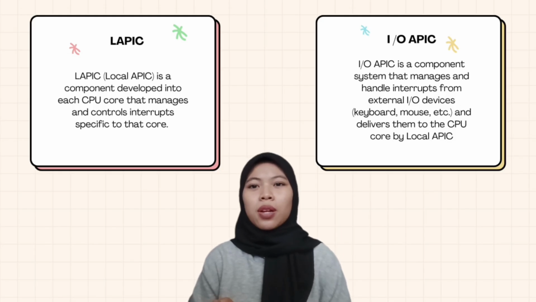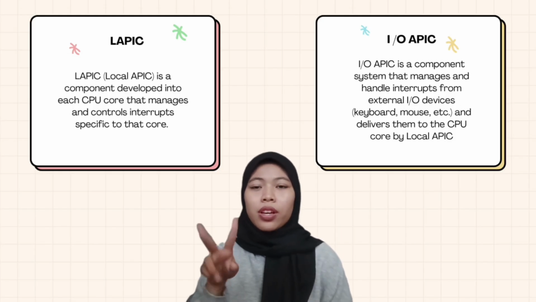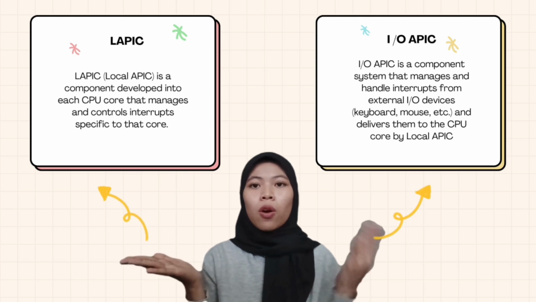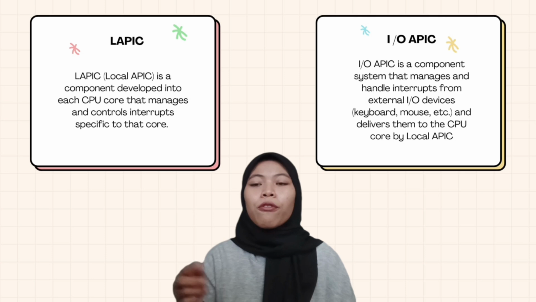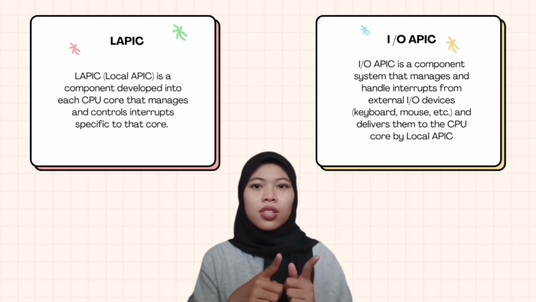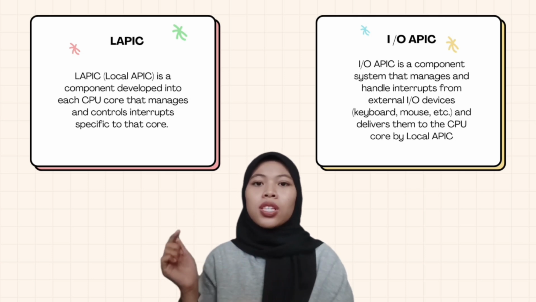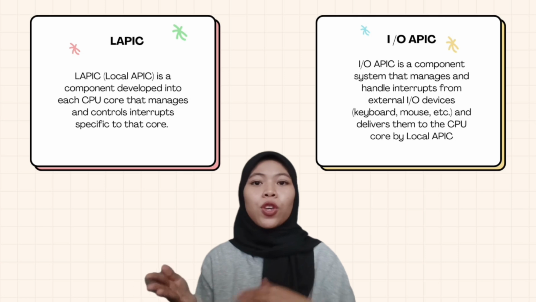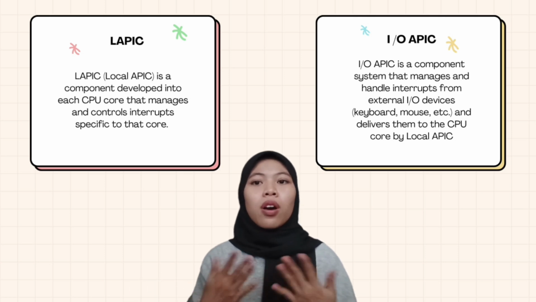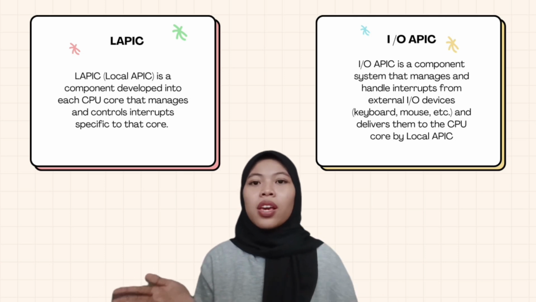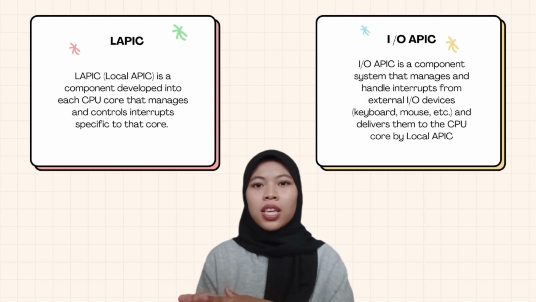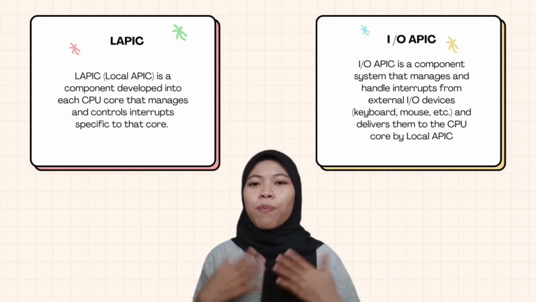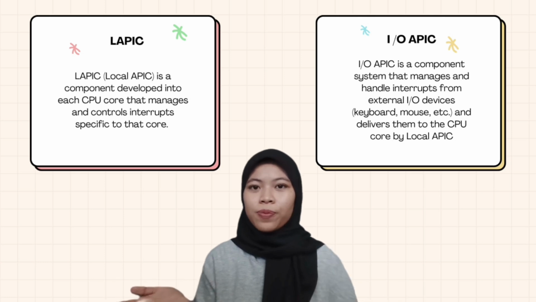The EPIC system includes two main parts, the I/O EPIC and the local EPIC. The I/O EPIC is responsible for receiving interrupt signals from external devices such as keyboards, mice, USB devices, network cards, and so on. It can handle many more interrupt lines than the older PIC and also allows for better routing and control.